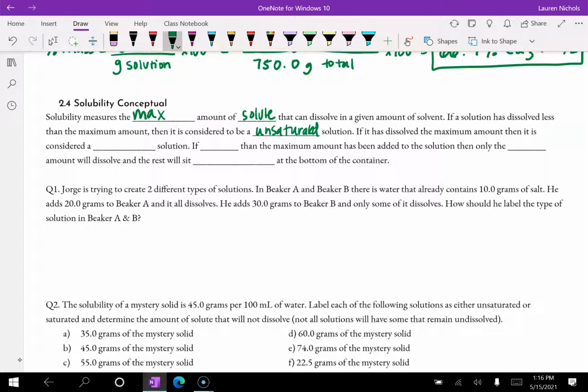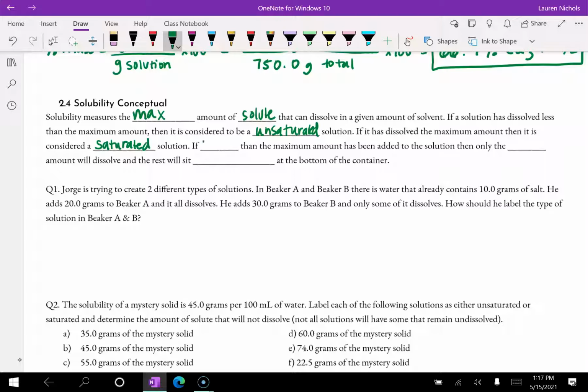And if it has dissolved the maximum amount, like it's met its solubility, then it's considered a saturated solution. Think about a sponge that's absorbed so much water that it can't anymore. You would call that a saturated vessel. And so in this case, if it's dissolved as much as it can, it's called saturated.